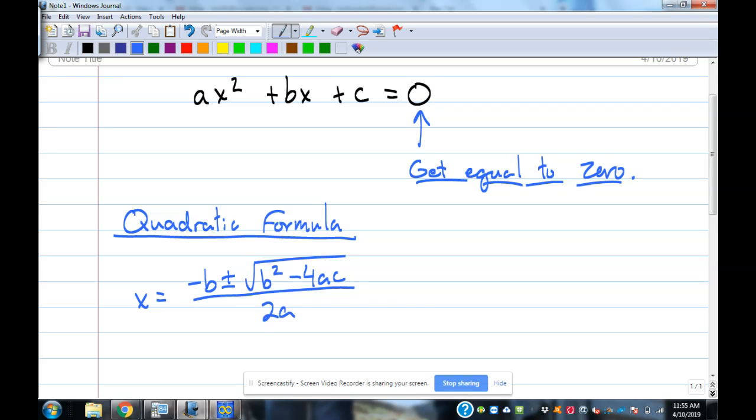So it's using the a, b, and c from the quadratic equation they give you, and you're plugging in. Notice we have this negative b, and on the bottom we have that 2a. Where have we seen that before? Axis of symmetry. That's exactly connected to this.